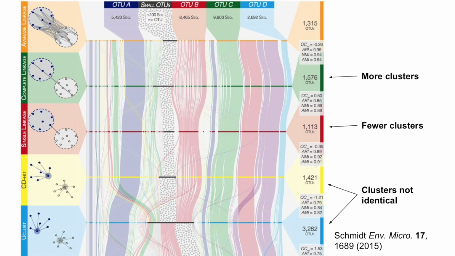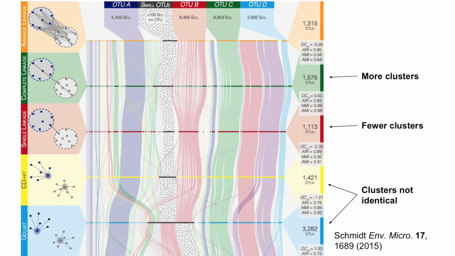So here's an example of one of these analyses, and it's not easy to interpret, but generally, if you look at the complete linkage, it's at the same similarity level. It's making more clusters because it has a more stringent requirement for each cluster. And if you look at single linkage, well, anything that's connected to at least one sequence in there can be in the cluster, so it tends to form fewer clusters. That's not always the case. It depends on the distribution of your sequences.